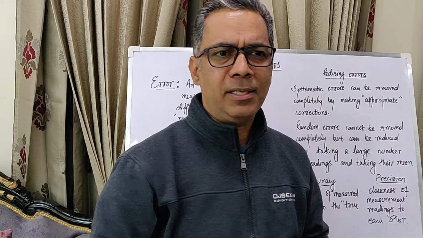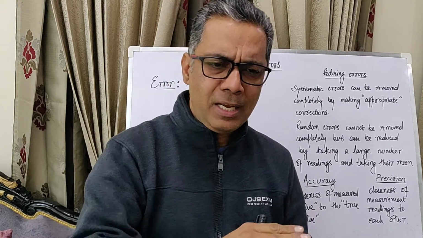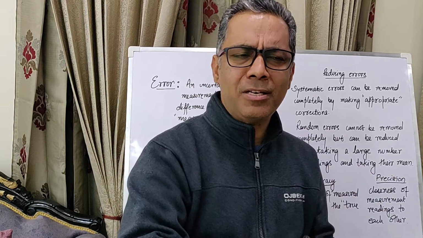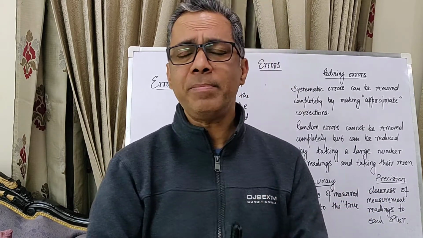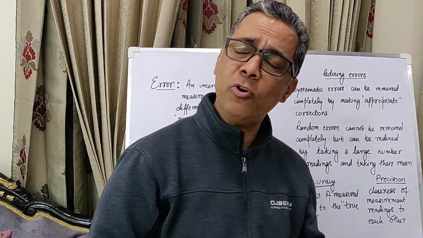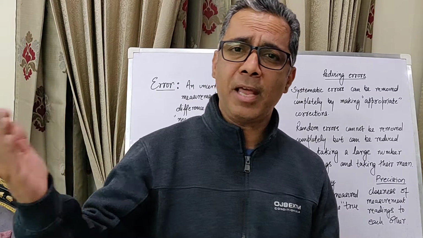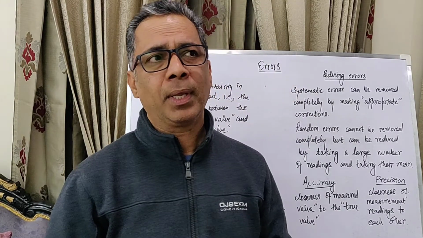In that case, we are dealing with a random error. It varies randomly in direction as well as magnitude. So a random error can happen in both directions. It can be an overestimate in some readings, can be an underestimate in some of the readings that you take.